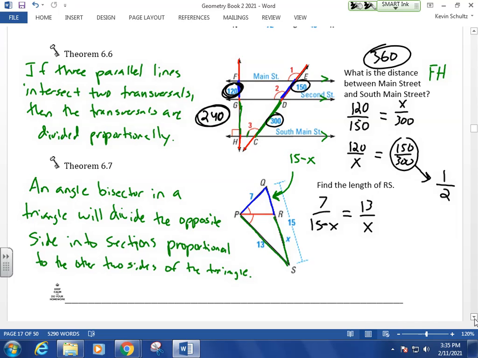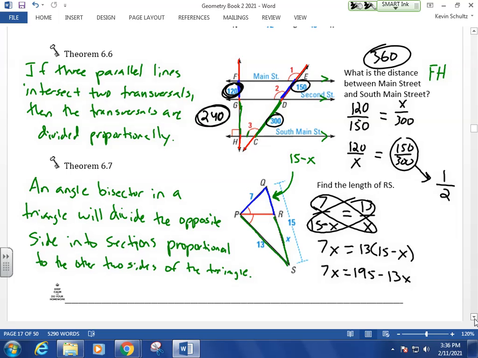And so using cross products to solve this, we have 7 times X is 7X. And that equals, and remember here, we need these parentheses because we are multiplying 13 by that whole expression, not just the 15, not just the X, but the whole thing. Doing some simplifying, we've got 7X equals 195 minus 13X.